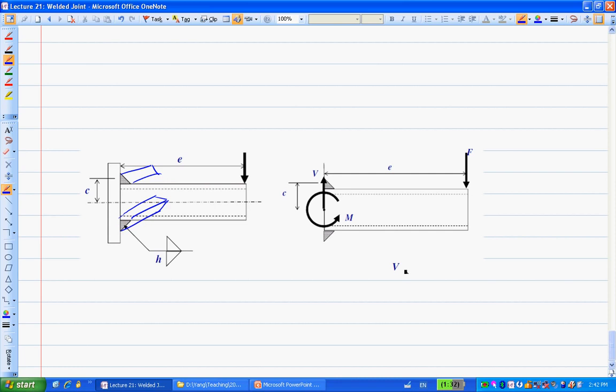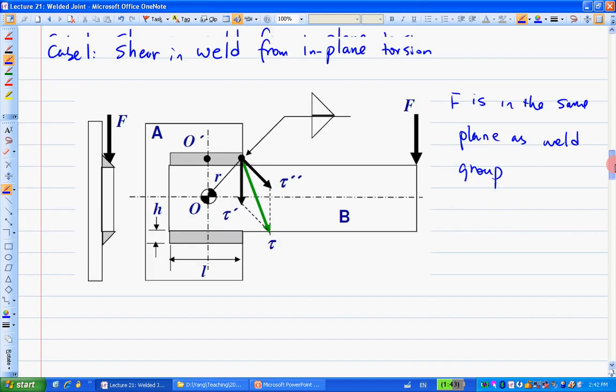So this force and the weld group right here, one is here, one is here. So this force and this geometry are not in the same plane. So that's the out-of-plane case. Are you comfortable with this concept, in-plane and out-of-plane? Okay, so let's come back to this in-plane case here.